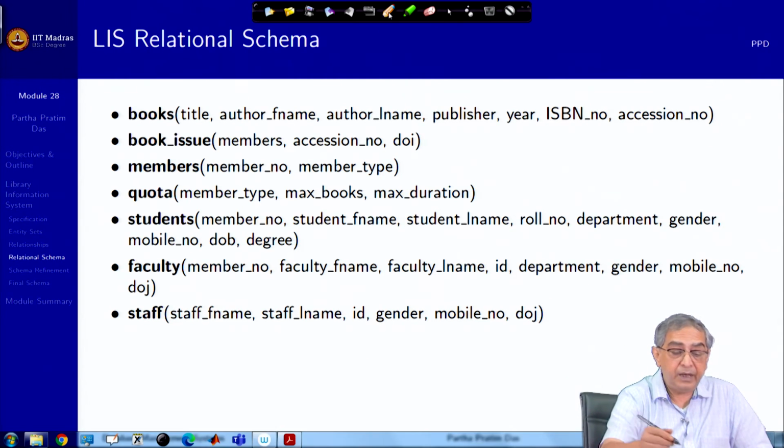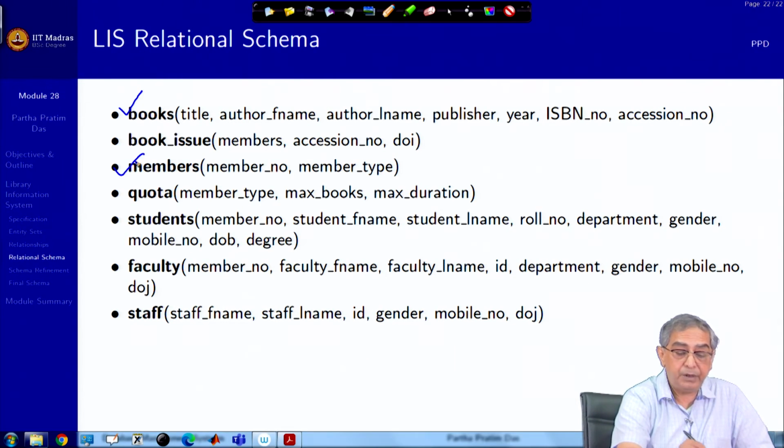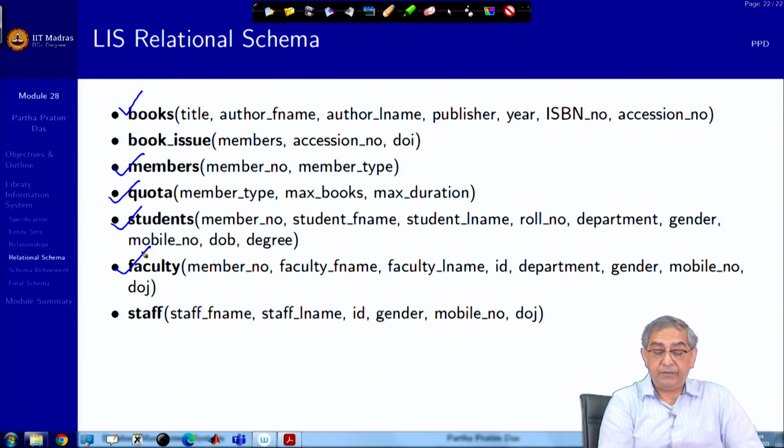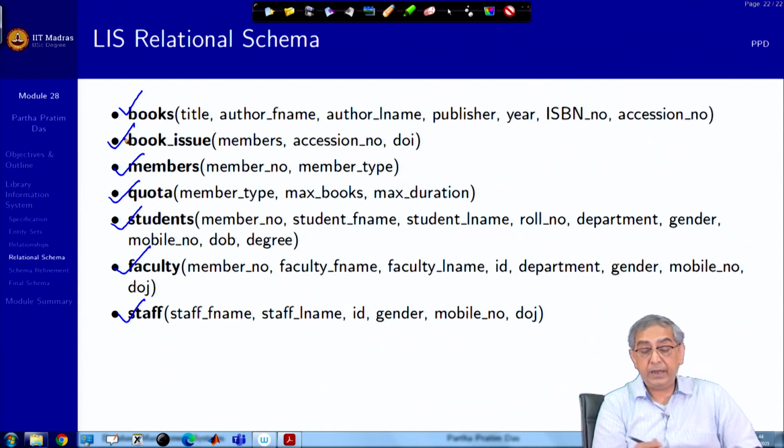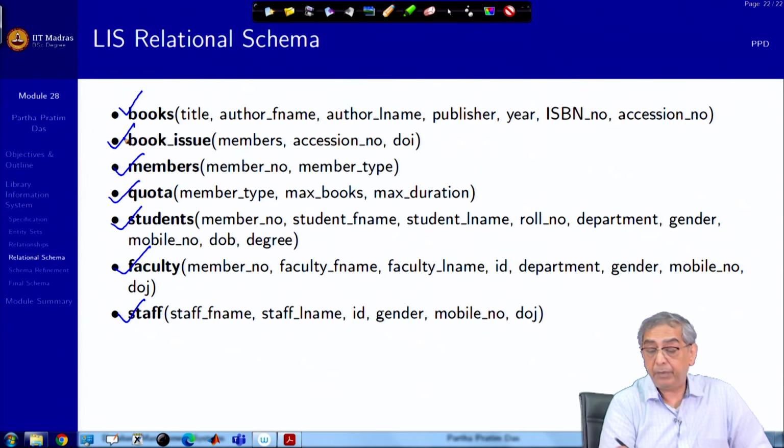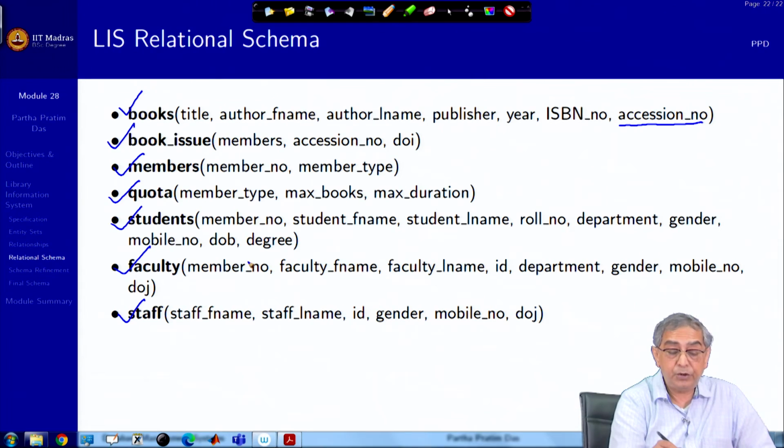So, you have the relational schemas books, members, quota, students, faculty coming directly from that. This is your speculated one, and this is coming from your relationship. And in each you can actually mark out what the key is. This is the key, book issue.